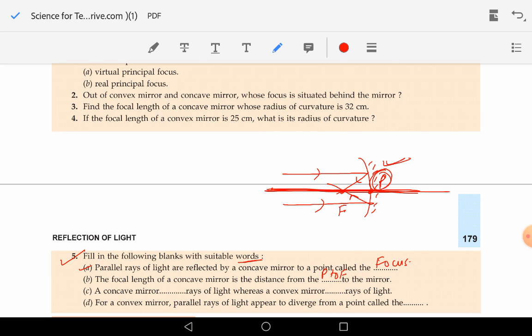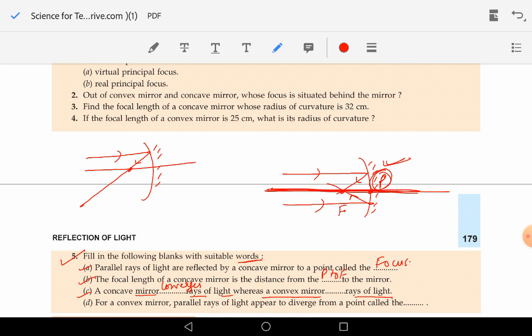Then C part: a concave mirror blank rays of light, whereas a convex mirror blank rays of light. It's very easy. A concave mirror converges. What do we mean by converges? If this is a concave mirror, the incident ray that is parallel to the principal axis, after reflection from the mirror, will bend towards the principal axis.